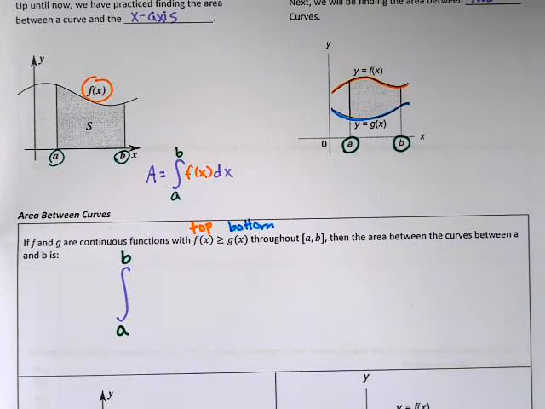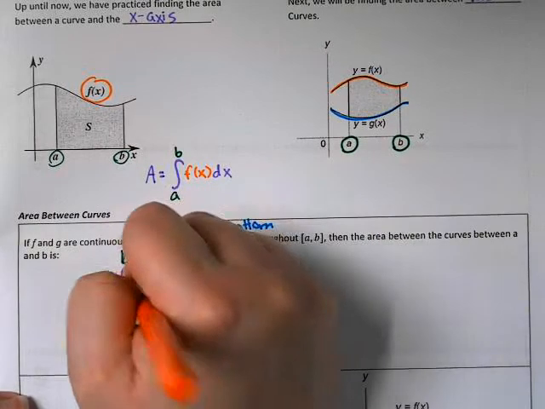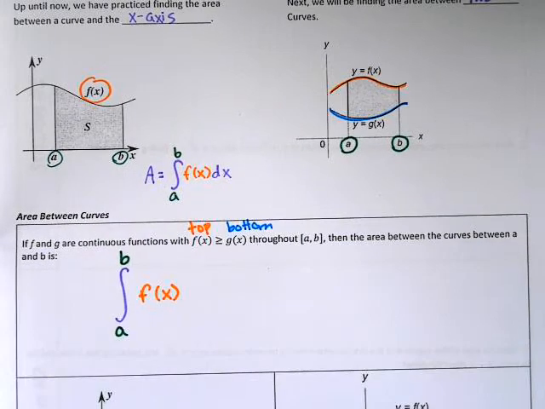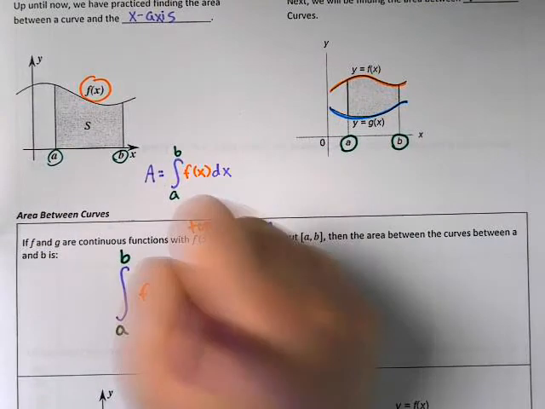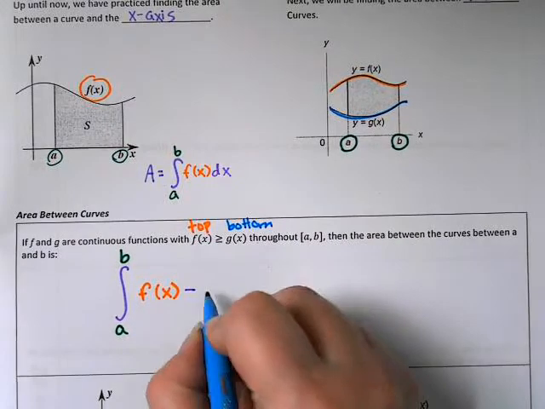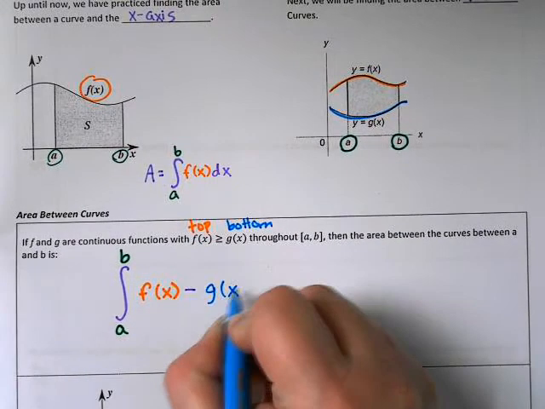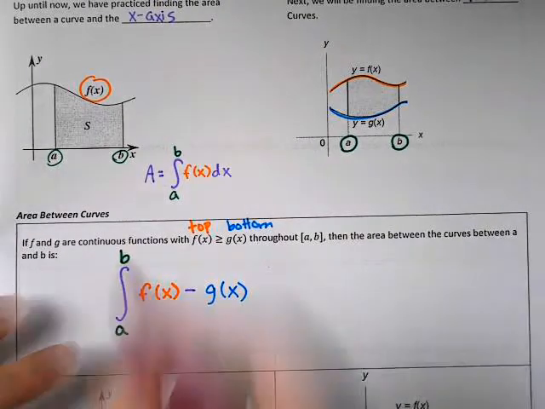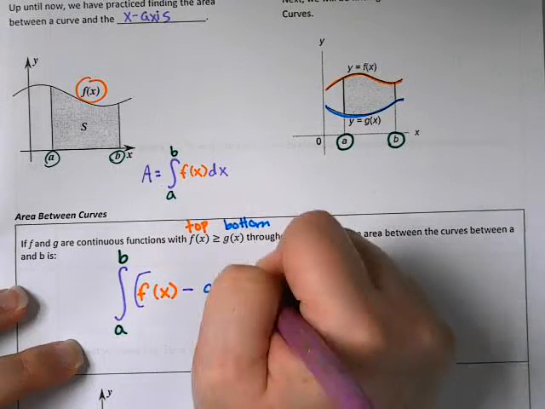But now what we're going to do is we're going to do the top function, which is f of x, minus the bottom function, which is g of x, and then we'll close that whole integral with a dx.